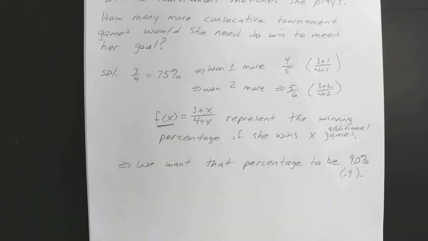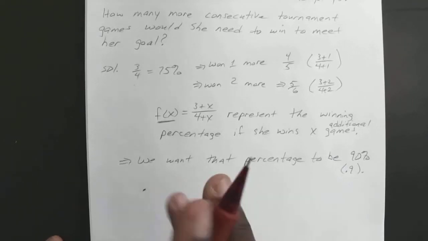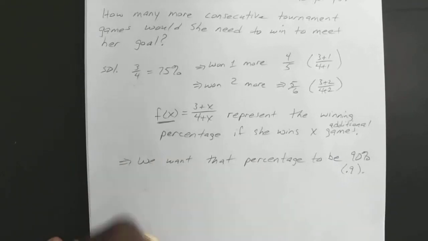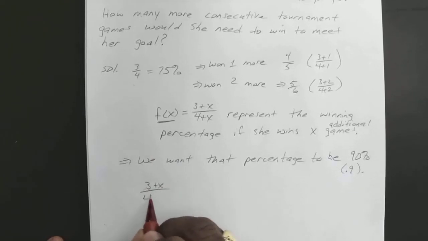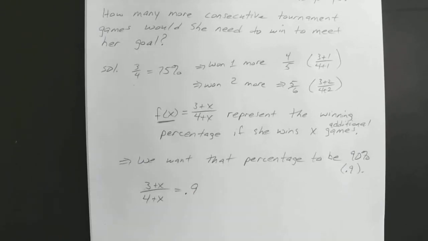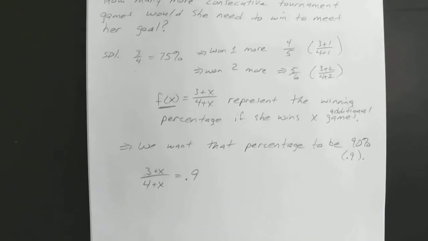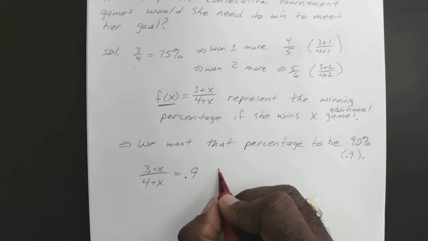So all we have to do is replace that f of x with 0.9. So you want to know when 3 plus x over 4 plus x equals that 90% goal. Okay. So then from there you just solve for x.